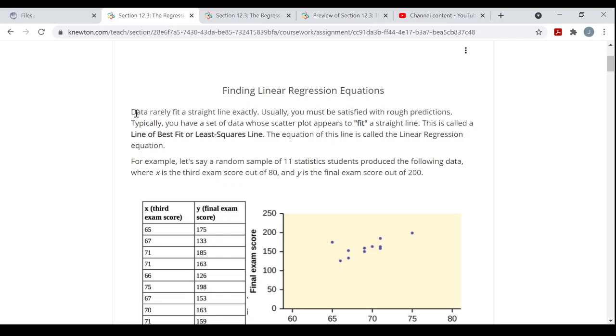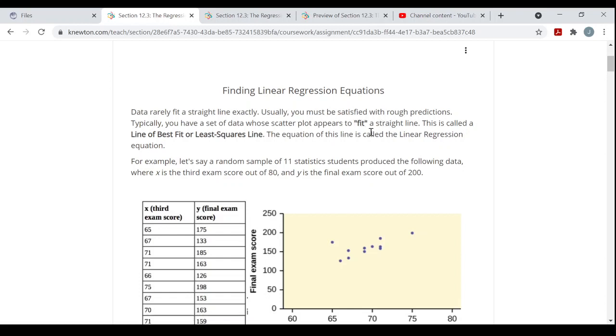So as you've seen with scatter plots, data rarely fit a straight line exactly. Right? The points that you plot don't always fit a straight line perfectly. Usually, you must be satisfied with rough predictions. Typically, you have a set of data whose scatter plot appears to "fit" a straight line.